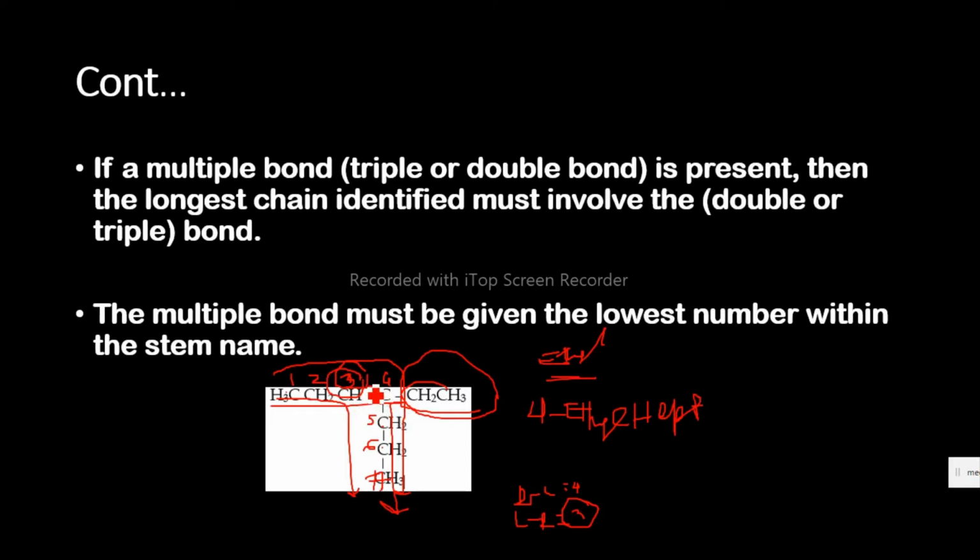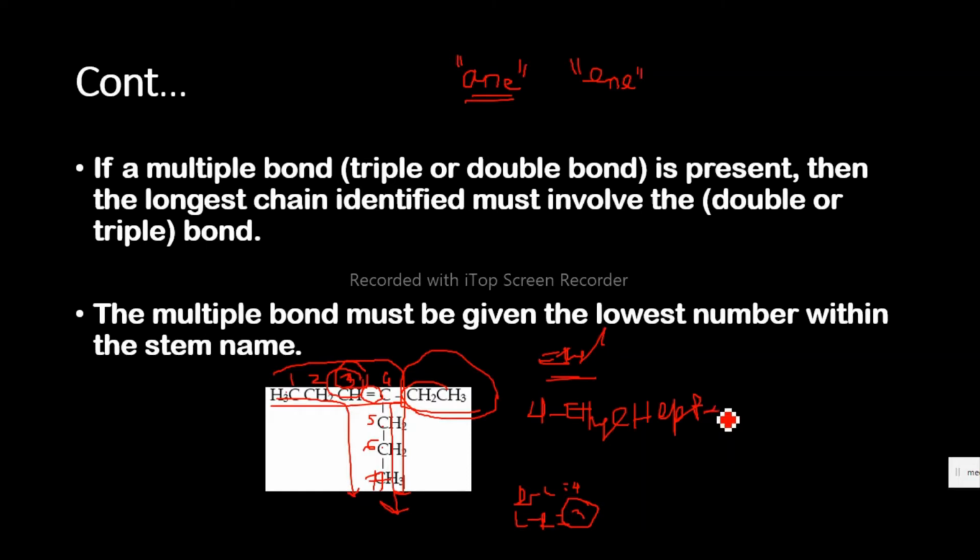But since it has a double bond, in alkenes, they are named as derivatives of alkanes. Alkanes are named by adding the suffix ANE, and you replace this suffix ANE with the suffix ENE. So if it was an alkane, this would be heptane. But since it is an alkene, we substitute ANE with ENE and it becomes heptene.